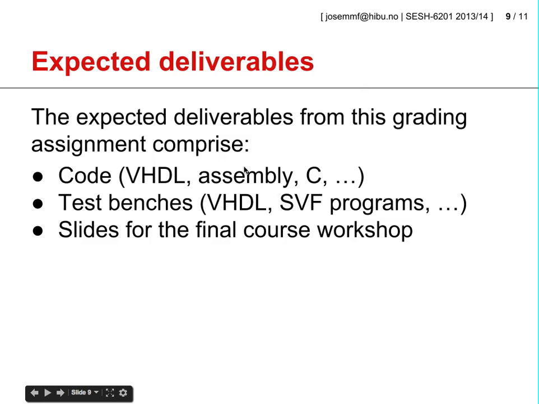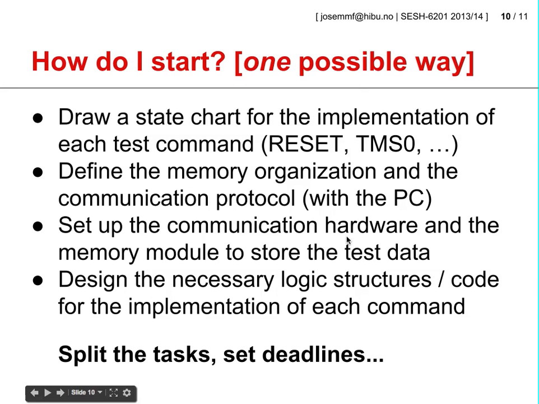And you will use assembly if you select the PicoBlaze, C if you select the MicroBlaze for the embedded cores. The expected deliverables will also comprise test benches, in this case VHDL test benches for simulating your intermediate architectures, and also SVF programs used with the prototype board. And finally, you will also deliver a set of slides for the final course workshop.